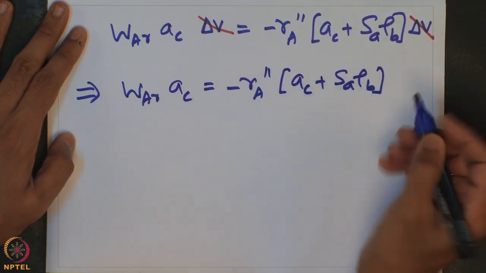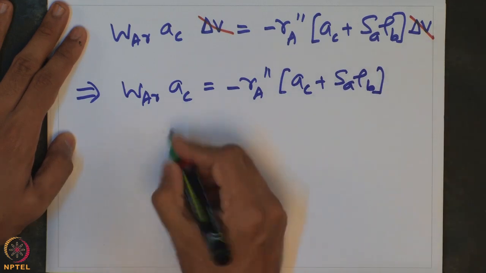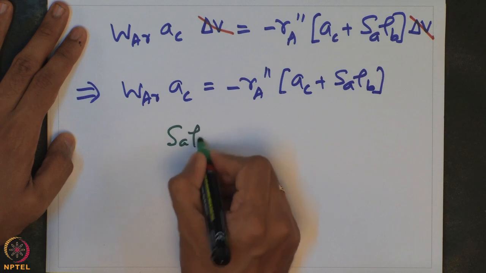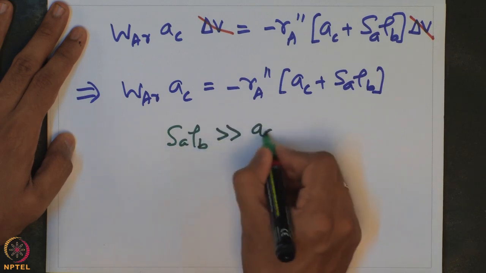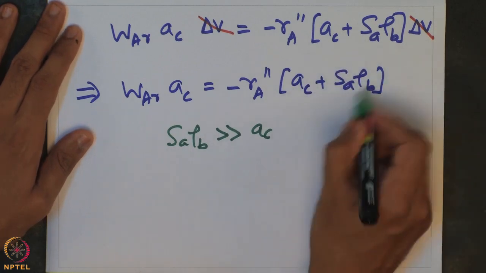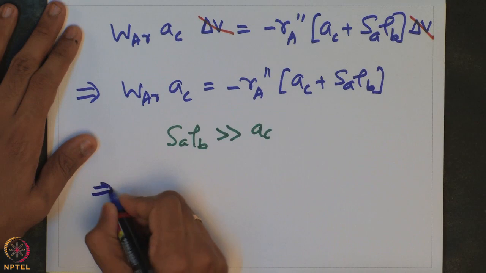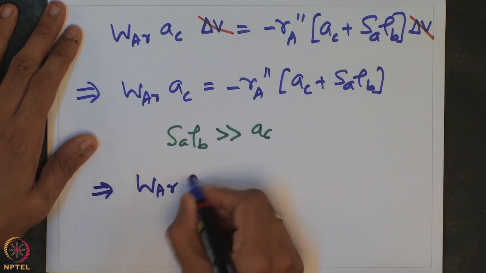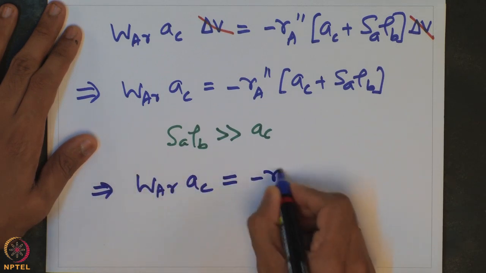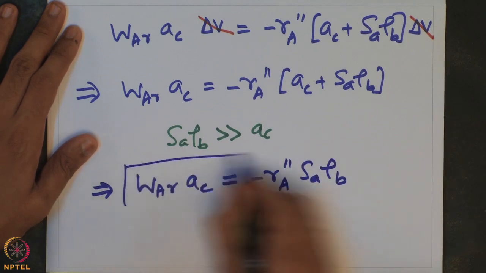Now we also observed that SA into rho B is typically much larger than AC. So if we ignore this small term inside the total area, we can further reduce this equation to WAR into AC is equal to minus RA double prime into SA into rho B.